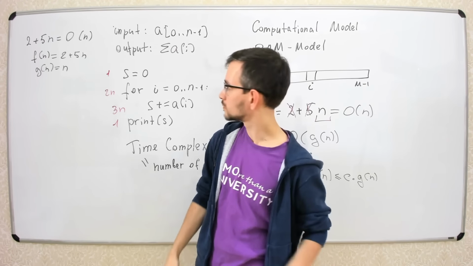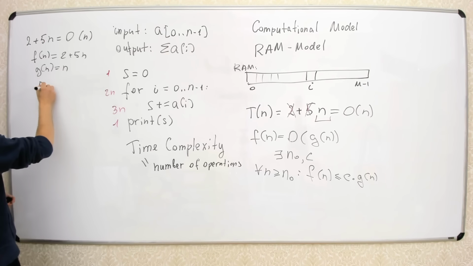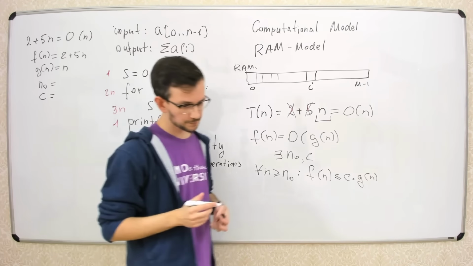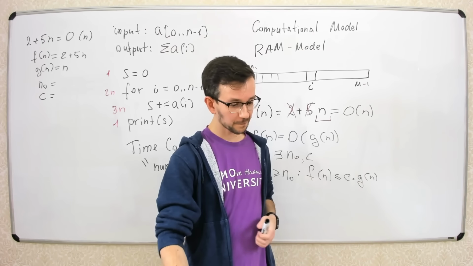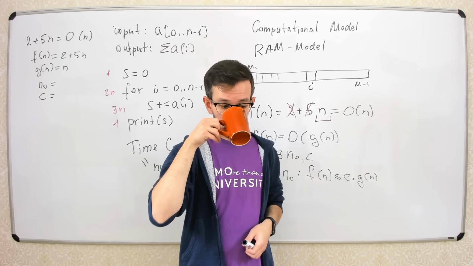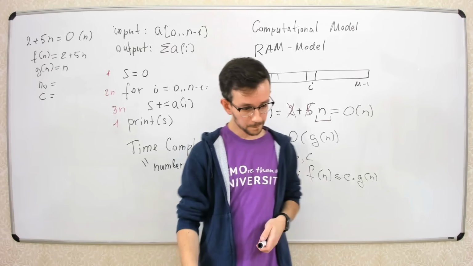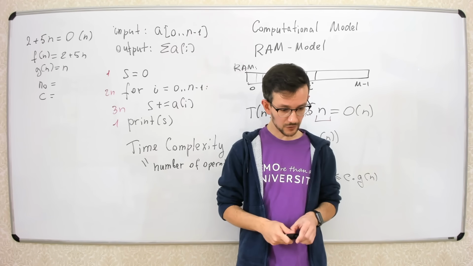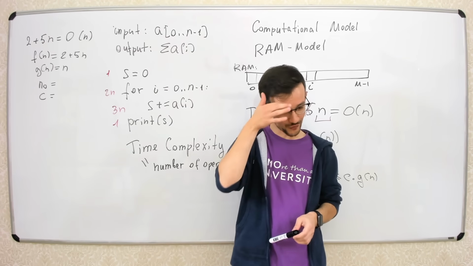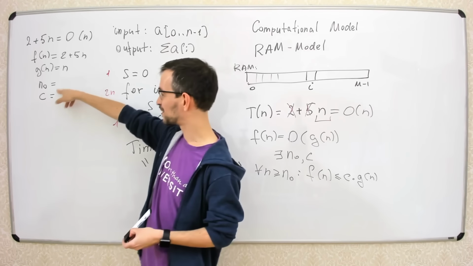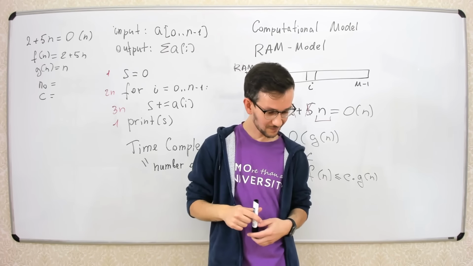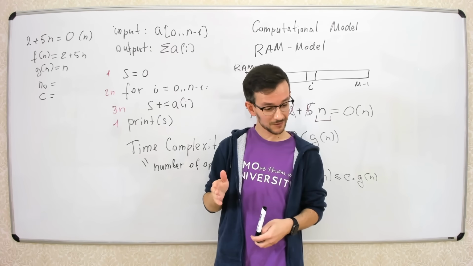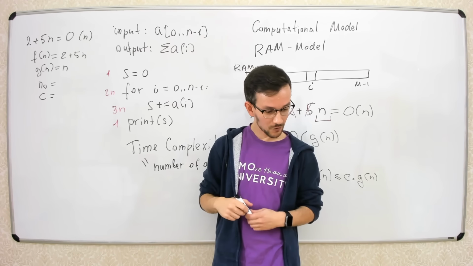Come on, any guesses? We need to find the value of n0 and the value of c. Five is a good number, but for what constant?